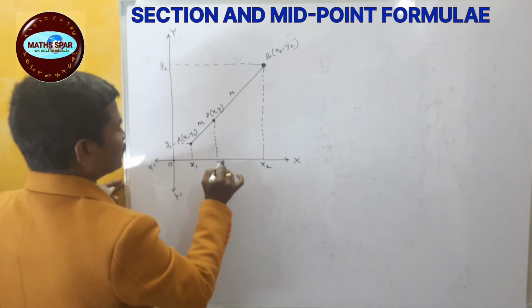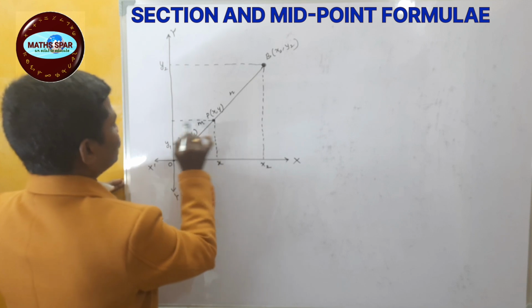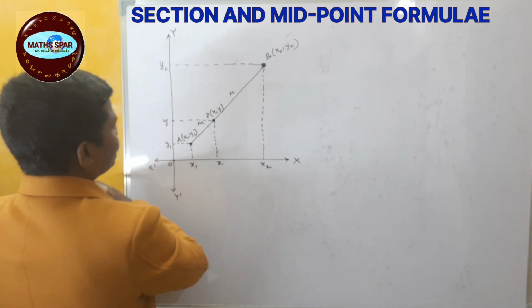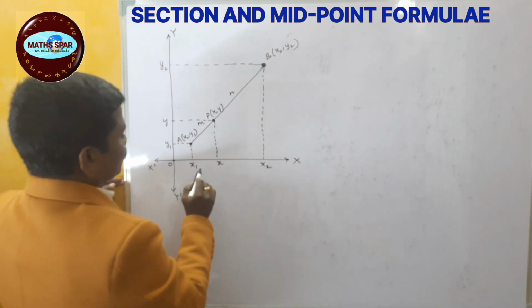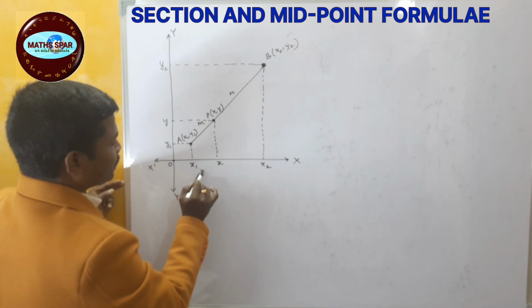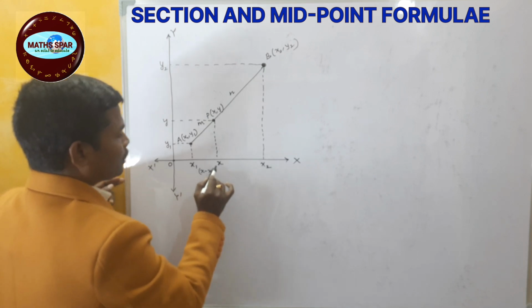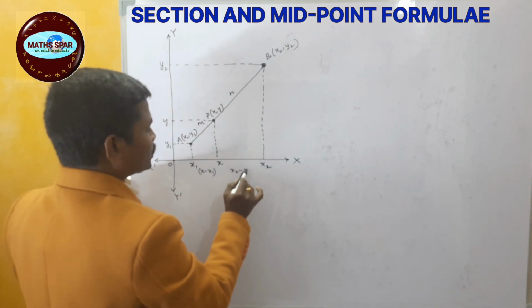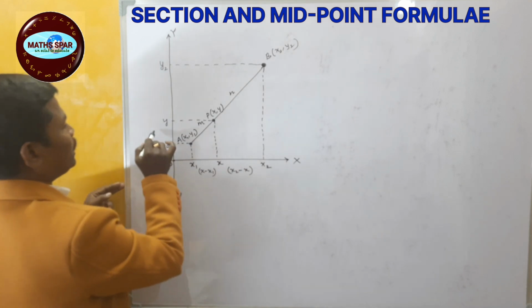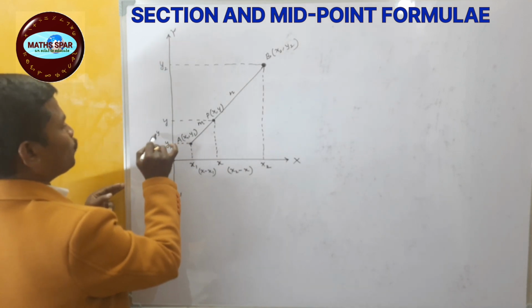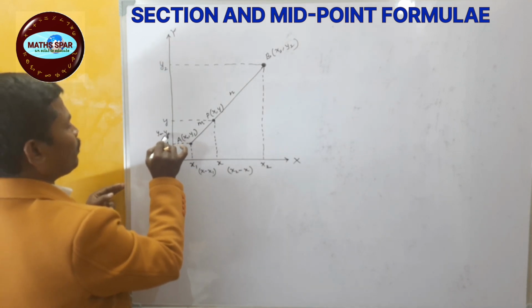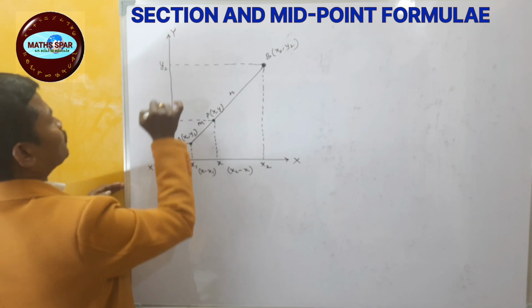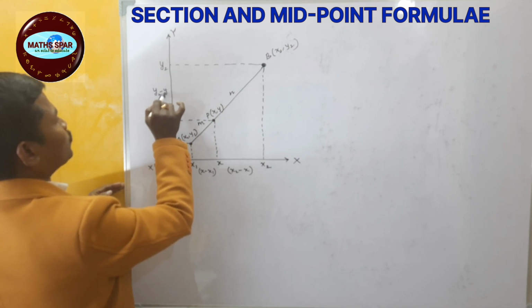This point is x, this is y, then the distance between these two is x minus x1, the distance between these two is x2 minus x, the distance between these two is y minus y1, the distance between these two is y2 minus y.